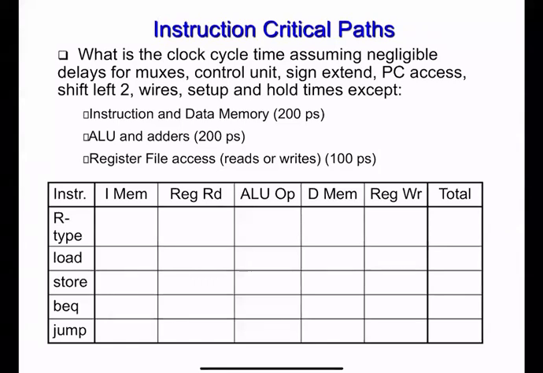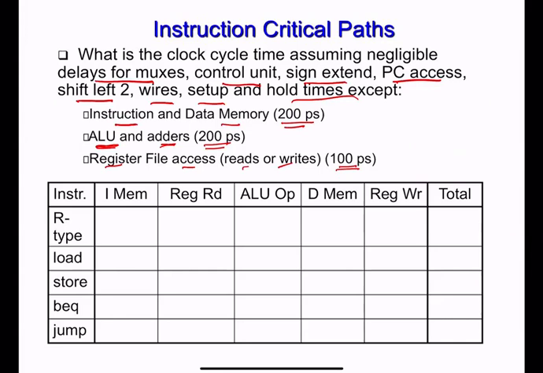First, assume that all of this stuff is negligible: delays for multiplexers, control unit, sign extension, program counter access, shift left 2, wires, setup, hold times, and so forth. But any instruction and data memory access will take 200 picoseconds. Anything in the ALU and the others will take 200 picoseconds. Anything in the register file access will take 100 picoseconds, whether it is a read or a write.